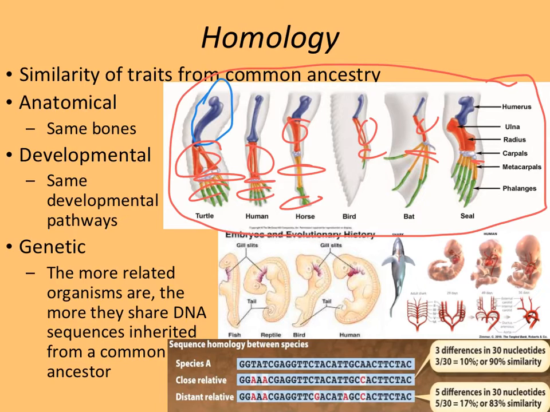Because there's been evolution going on by natural selection because of the kind of life these different organisms lead, and certain traits help them survive and reproduce in the environment that they're in. Okay? So these are all homologous characters. They may look different, but they're the same bones, all inherited from a common ancestor that had these sorts of things.